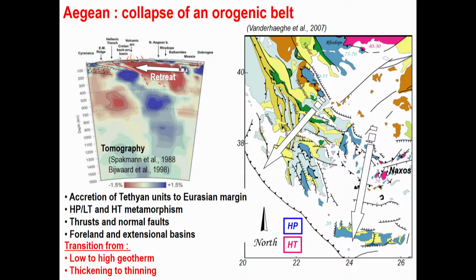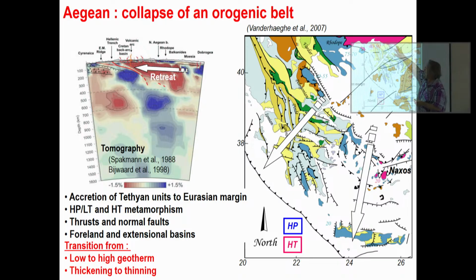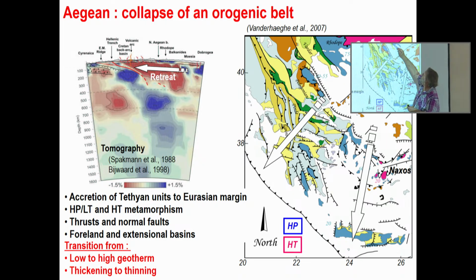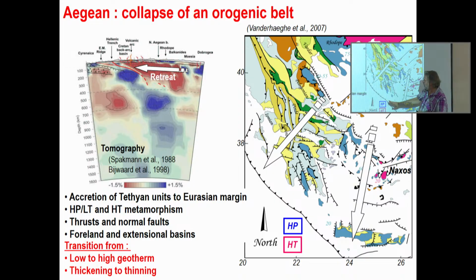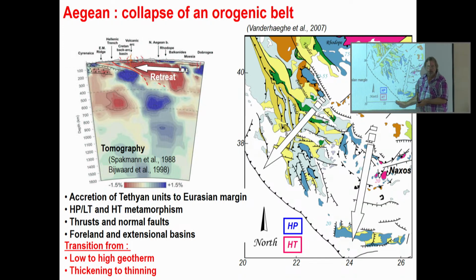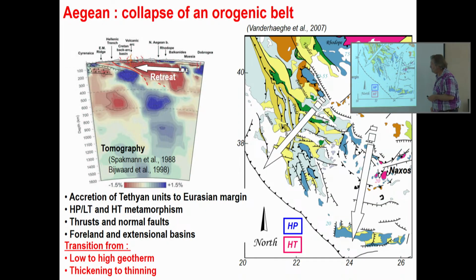I think now the main data confirm that it's two different oceanic zones separated by a continental ribbon, another continent: Eurasian margin, an ocean, a continental ribbon, another ocean, and another continental ribbon. And the oceanic crust is being subducted nowadays beneath the Hellenic Trench.